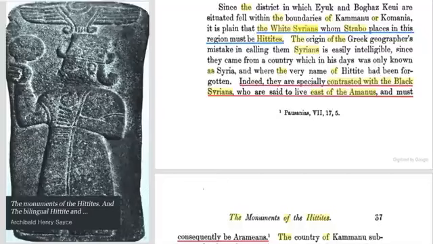Indeed, they are specially contrasted with the black Syrians, who are said to live east of the Amanus and must consequently be Arameans. So basically, east of the Amanus, there are a group of black-skinned Syrians who are called Arameans.